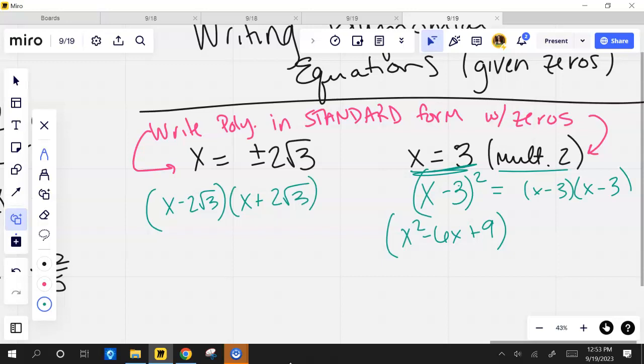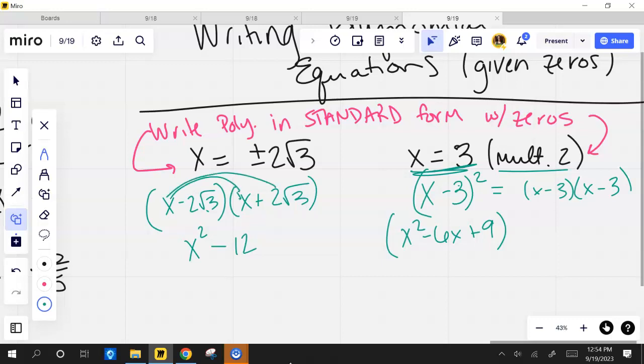What happens with these two? It does. Yes? The difference of 2 squared. If you FOILed this out, you would see that happen.